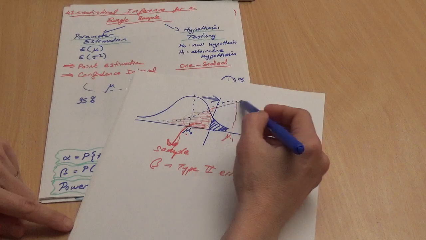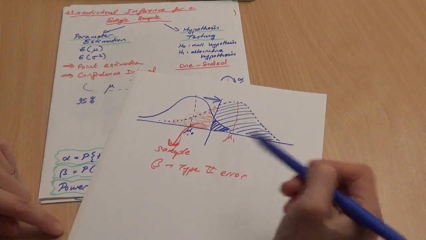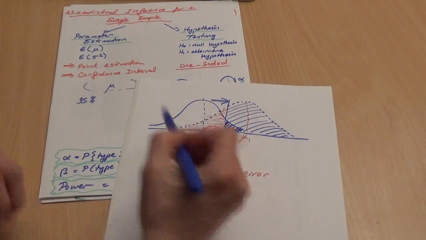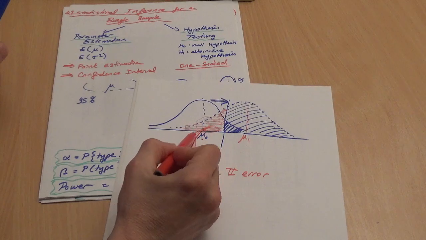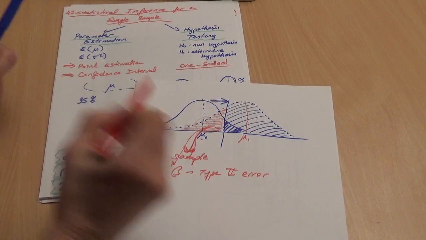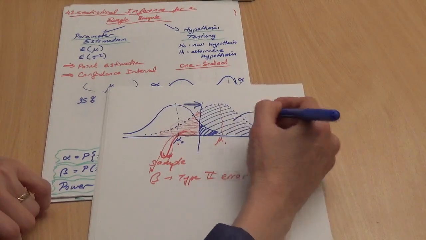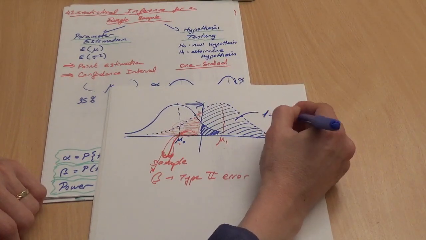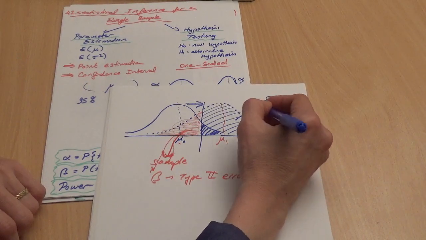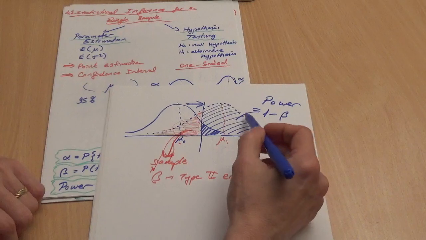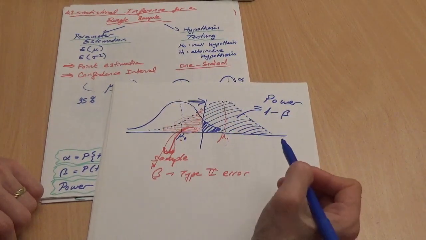You know that this part was the rejection area. So beta was selecting from the accepting area. This blue shaded part is 1 minus beta, which is power. So power means catching the change in the production.